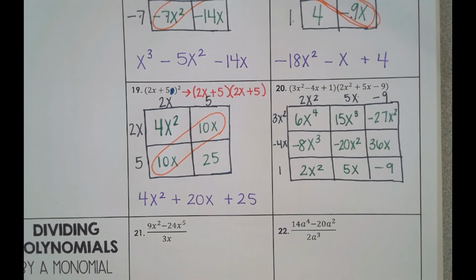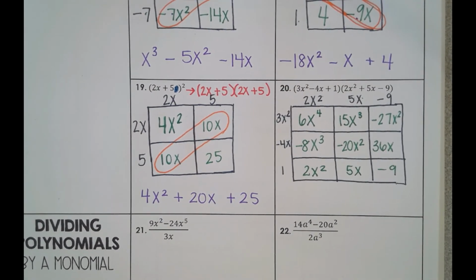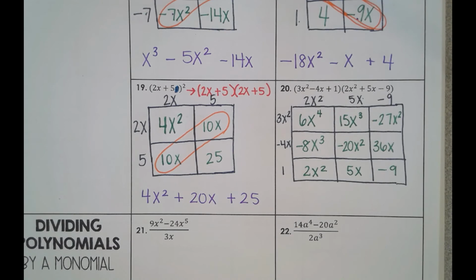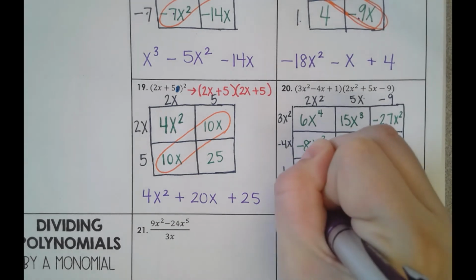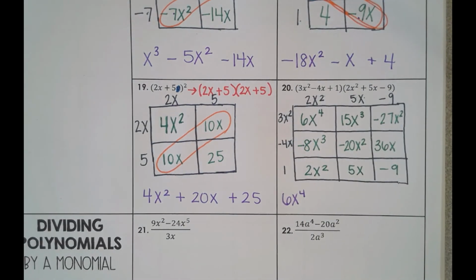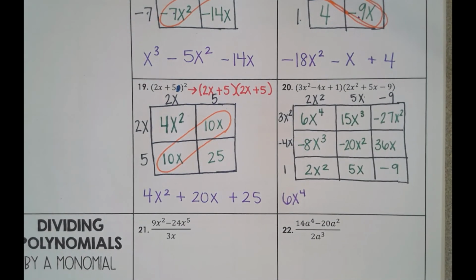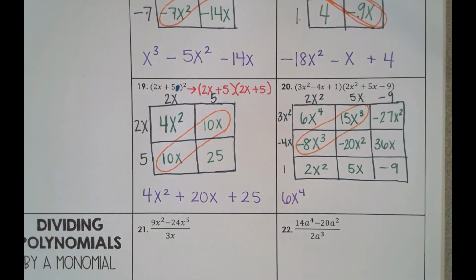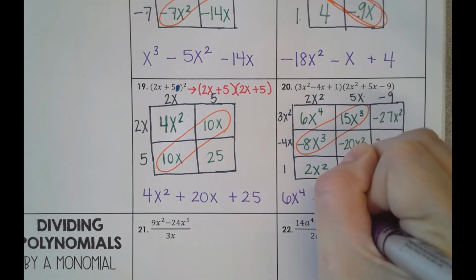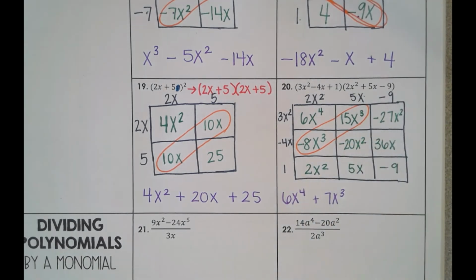All right, so to write out the answer, we start with the x to the 4th. So that's 6x to the 4th. We only had 1. And then our x cubes. We've got 2 of those. So 15 minus 8 is 7x cubed.